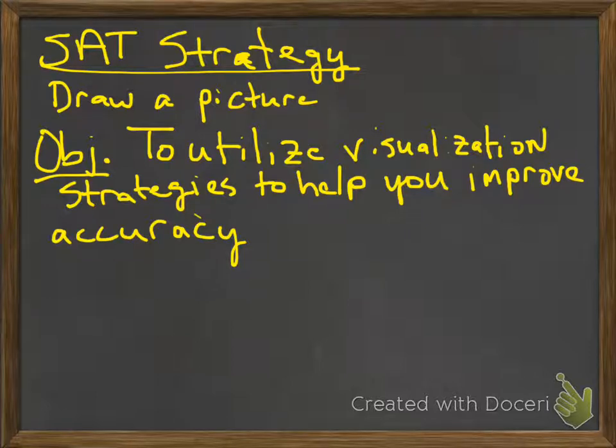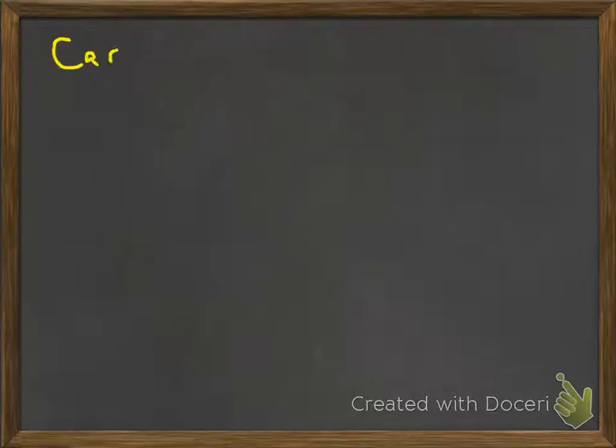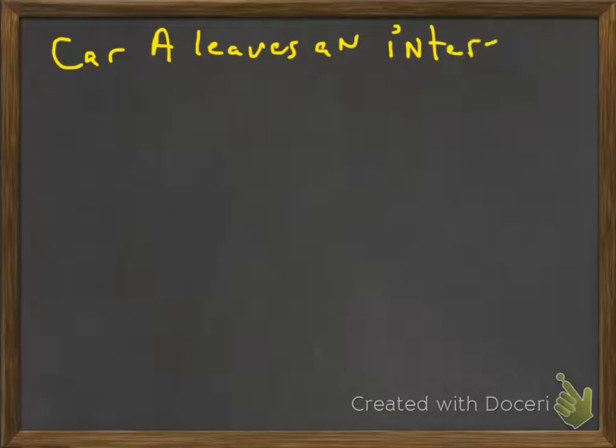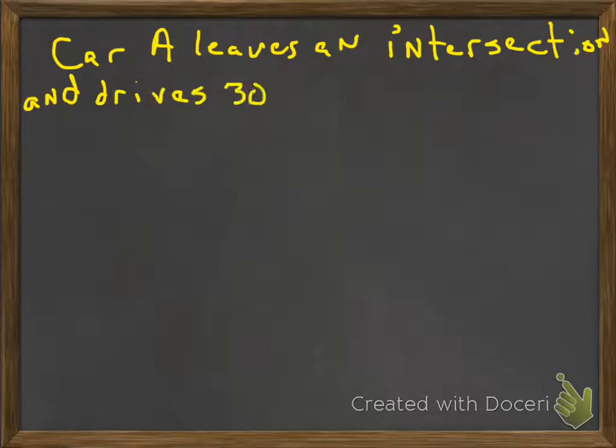So what do I want for an example? Let's go with this. I'm going to give you a little word problem here. Car A leaves an intersection and drives 30 miles due north.